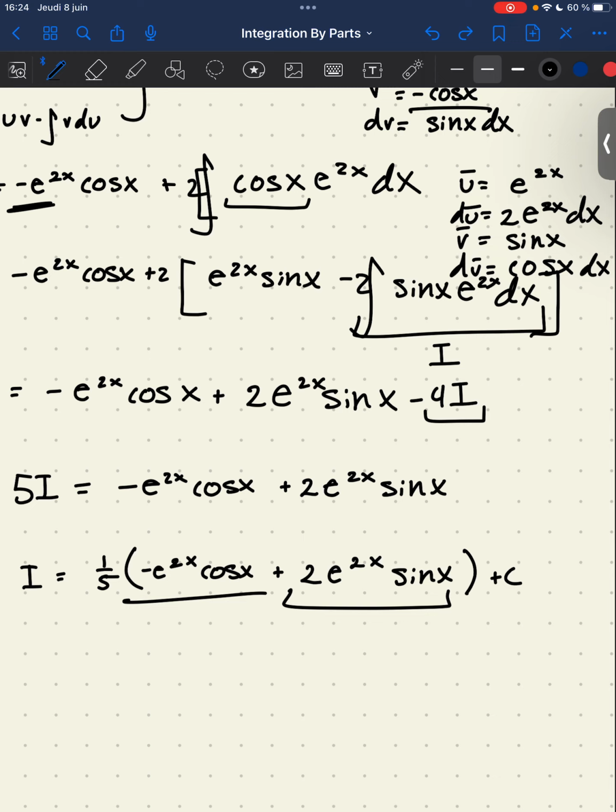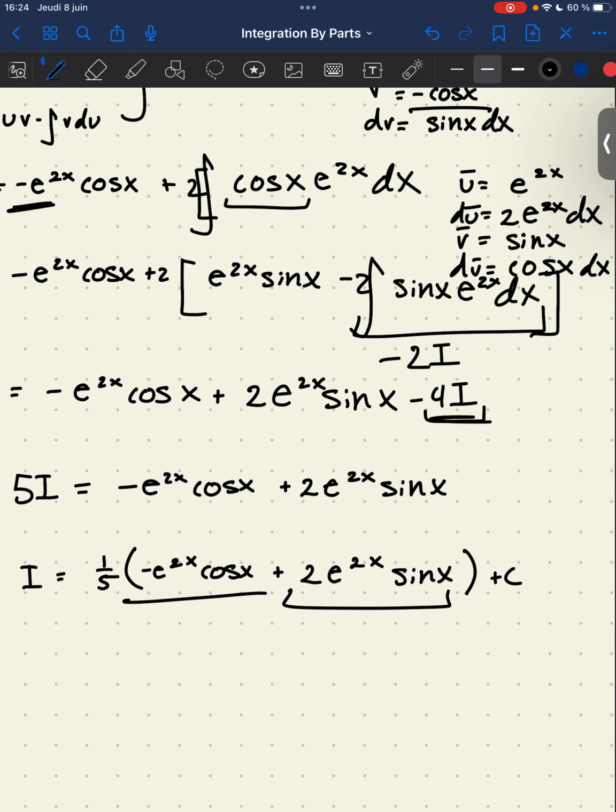Wait, oh no, we just left it as an I, so we don't have to worry about integrating itself. So yeah, it just remains a 2 on this side, so it's essentially just a 2i. And this is just negative 2i. So we multiply by a 2, it gives you a negative 4, because a positive times a negative is a negative.